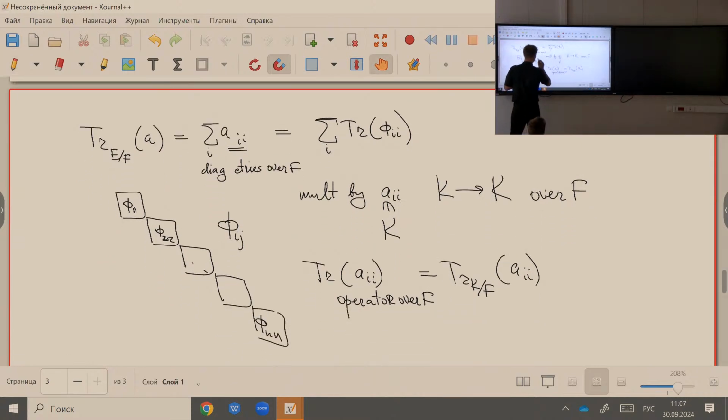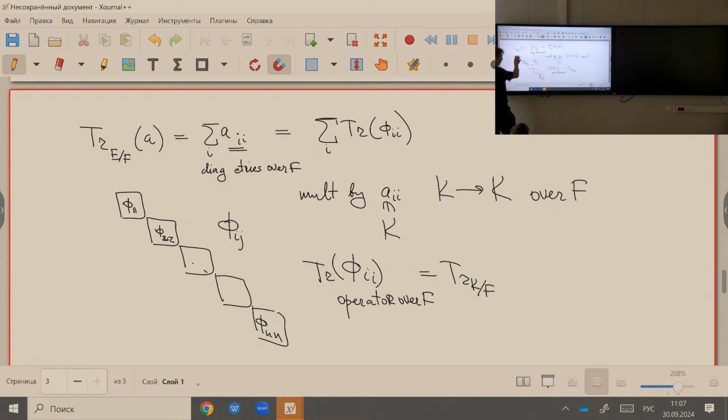So this is k_ii. Here I want to say that the trace of F_ii, the matrix that is standing here.